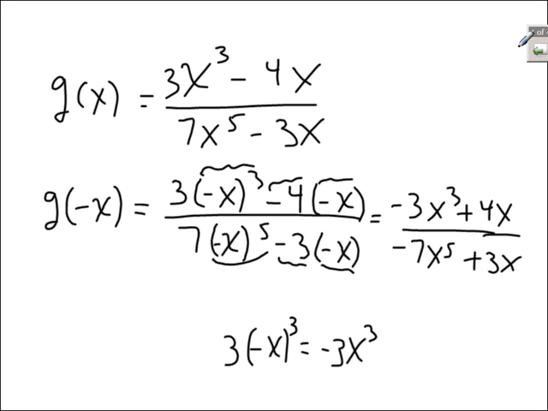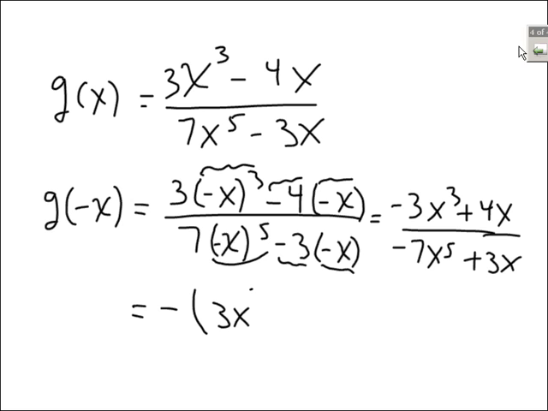Well, when I look at my result, it doesn't look like g of x. It doesn't even look like negative g of x. But I can factor out a minus in the numerator. This gives me 3x cubed minus 4x. When you factor out a minus, all the signs change. This became positive. There's no sign in front of the 3. It's positive. And the positive 4x becomes negative 4x.